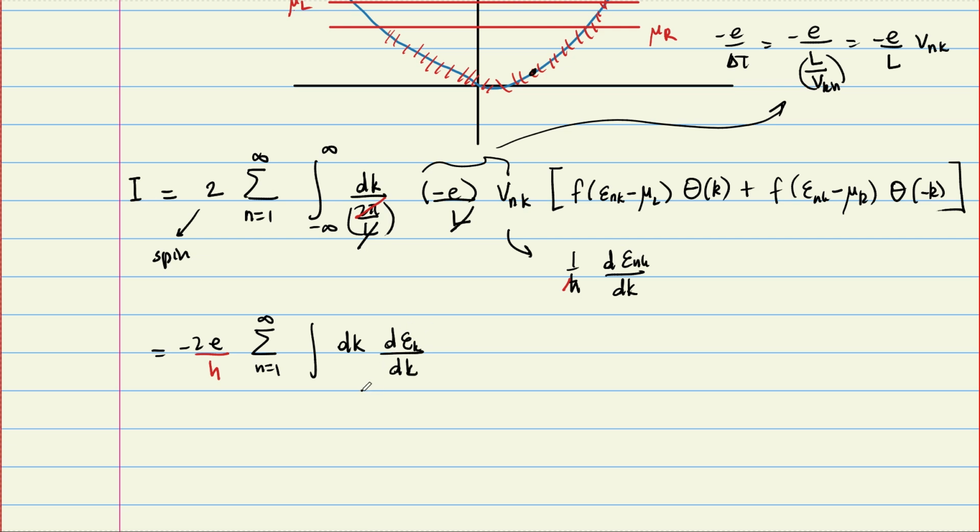So this one does not depend on n, and I have f of epsilon k plus gamma n squared minus mu left, and this one goes from 0 to infinity. And we can do exactly the same thing for this term, and change the integral variable from minus k to plus k, which will give us minus f of epsilon k plus gamma n squared minus mu right, and close the bracket like this.